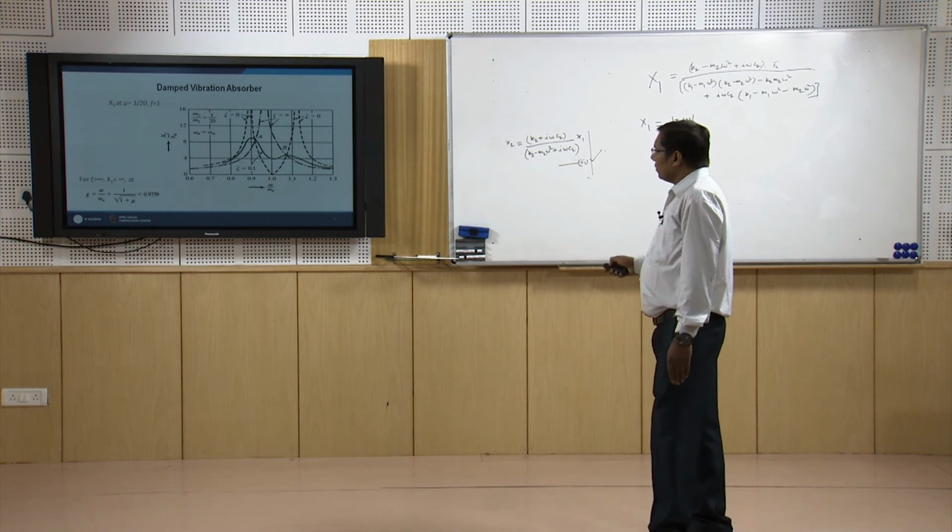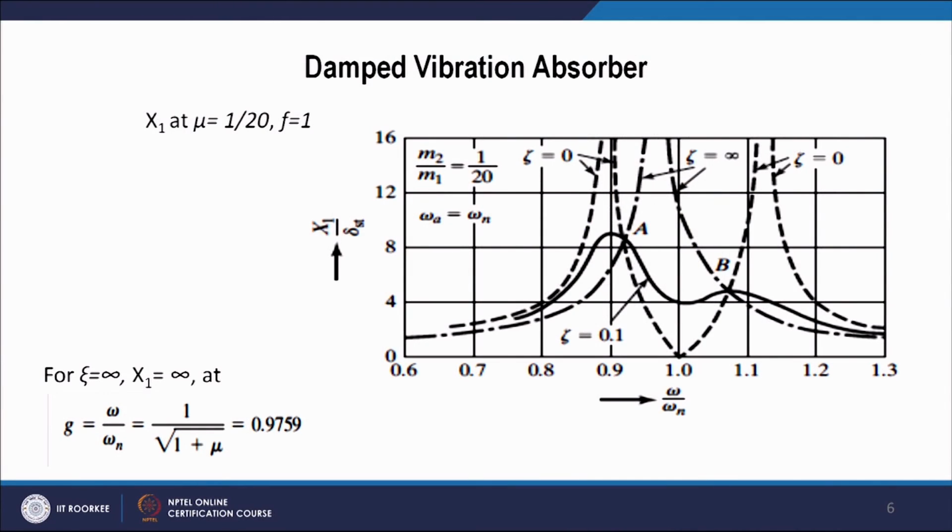And here, for some given mass ratio 1 by 20 and f equal to 1, we can see that this equation is plotted for zeta equal to infinite and zeta equal to 0. So we see that for zeta equal to infinite, x1 is again infinite and corresponding g is 0.9759.